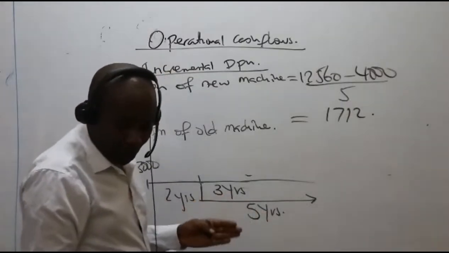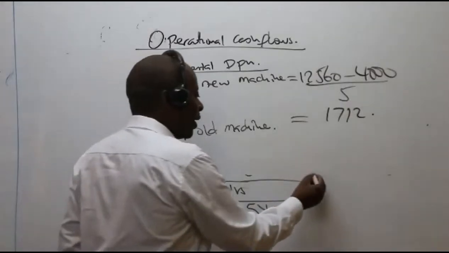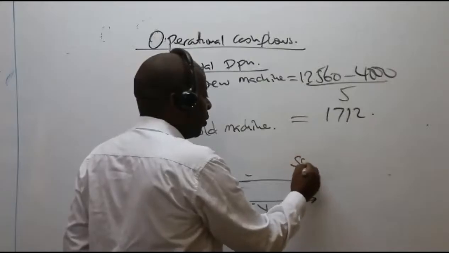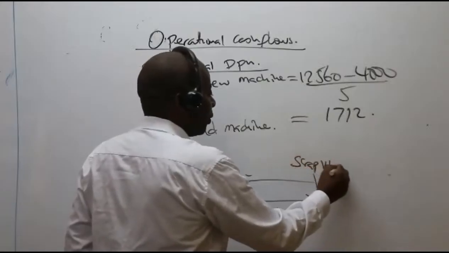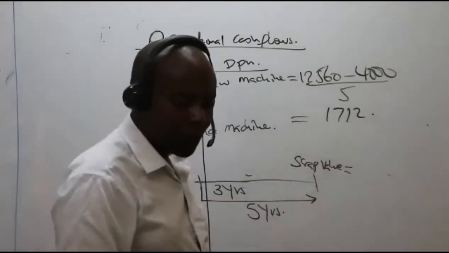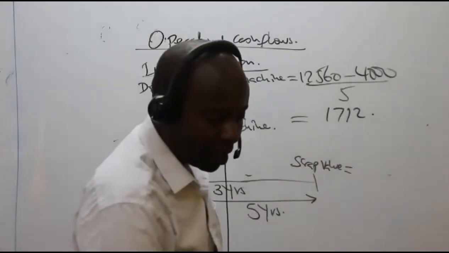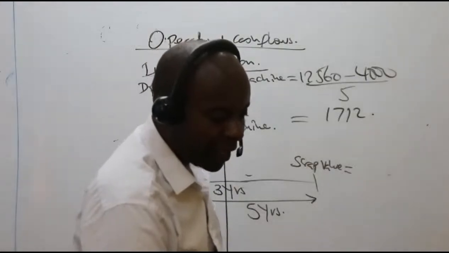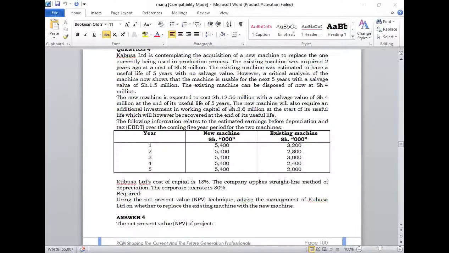They have given us the scrap value for the old machine after elongating the period. They are telling us, however, a critical analysis of the machine now shows that the machine is usable for the next 5 years with a salvage value of 1,500.